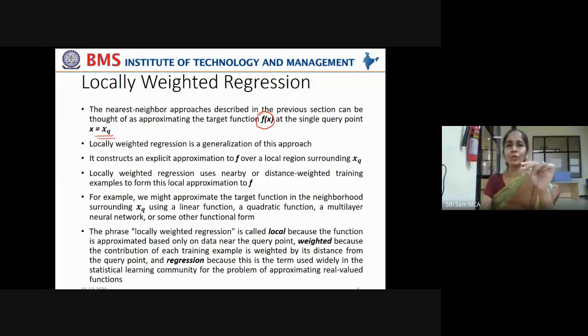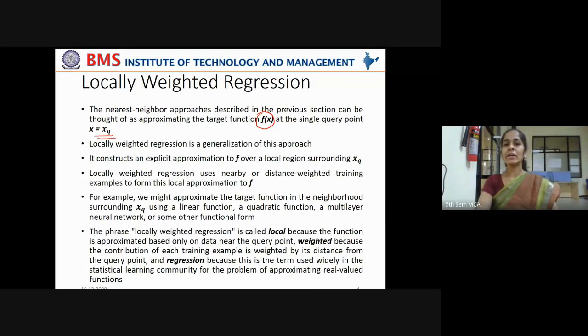Query point means the new data instance. In this class, if I use query point, it is the new instance that has to be classified or predicted. Approximating the target function on this new instance depends only on that instance, not on the entire data set.